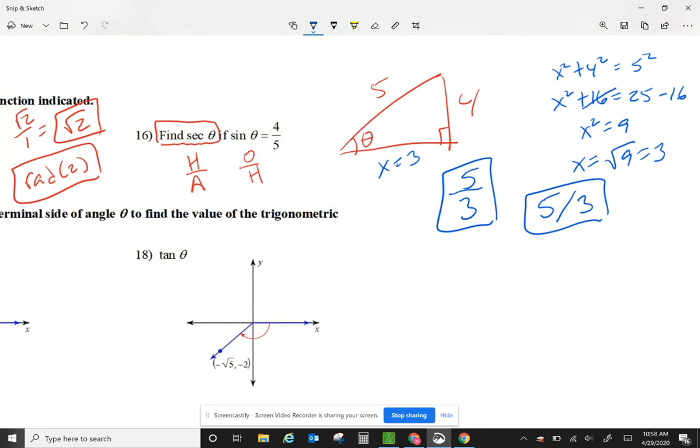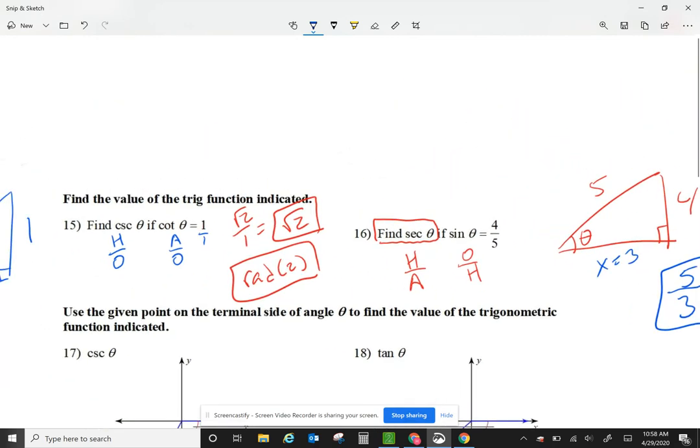I gave you guys some ratios. I said the sine is opposite over hypotenuse. Cosecant is the reciprocal of it. As a matter of fact, let me give you guys the ratios in case you guys forgot them. I said sine of theta is opposite over hypotenuse. Cosecant is the reciprocal of it.